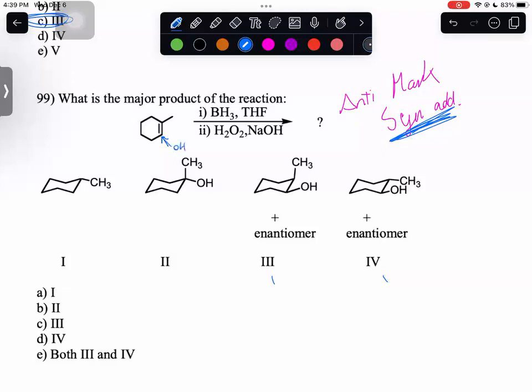The OH and the hydrogen have to be on the same plane, meaning that alcohol and methyl group are pointing to opposite directions. It's just 4. This one's pointing down, this one's pointing up. Because remember, this is given in a chair form, okay? This one is up and this one's up.